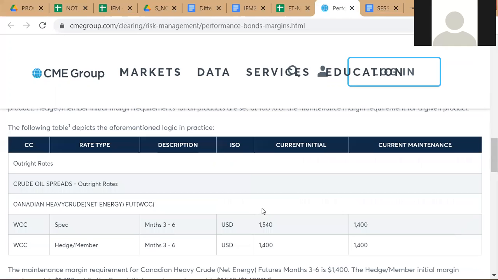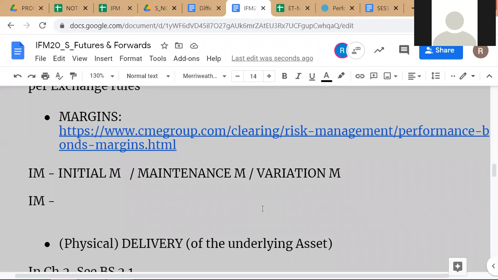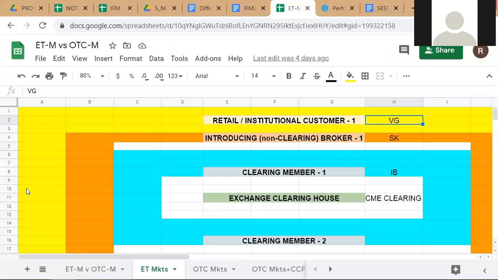So if you notice one thing here, that there is a difference between categories of customers. Okay. This is something else also you should be aware of, because sometimes you might operate. Now, this distinction may not happen in the Indian markets, okay, but it's an important distinction to be aware of.